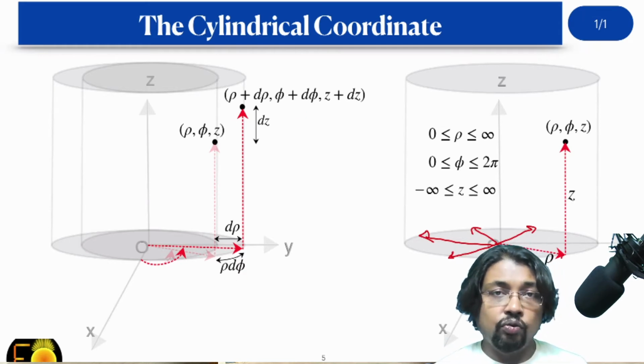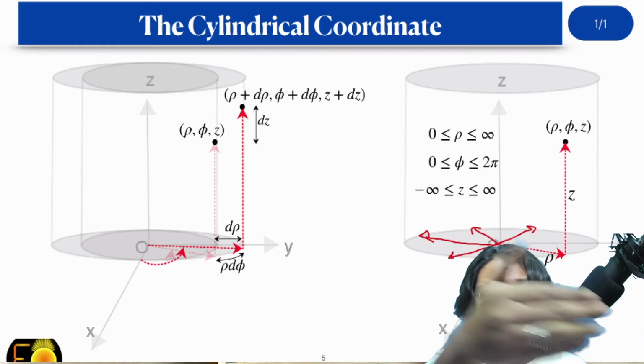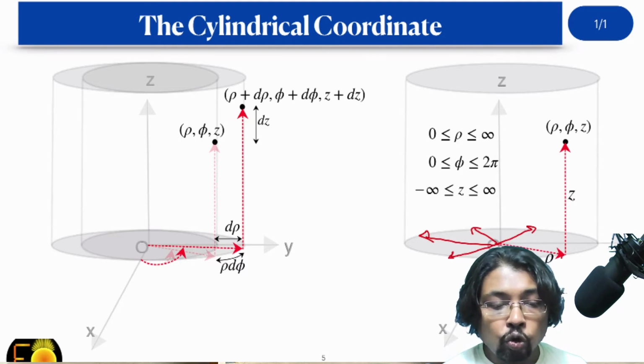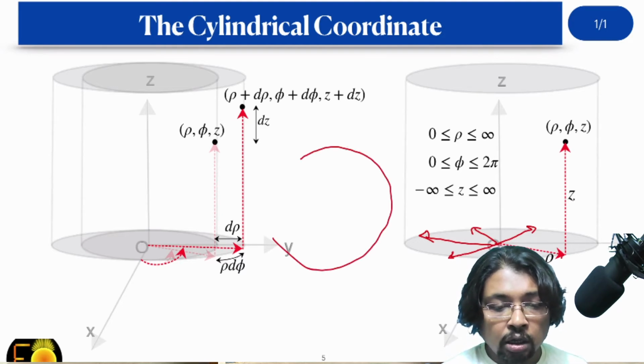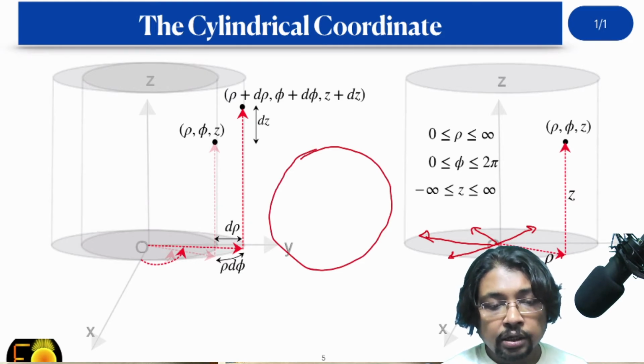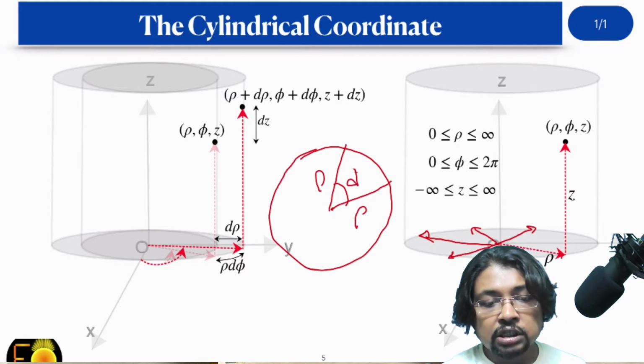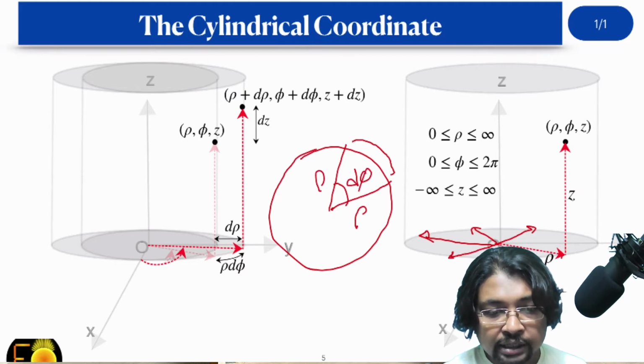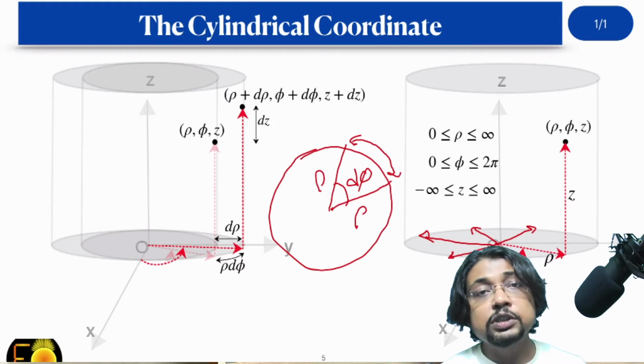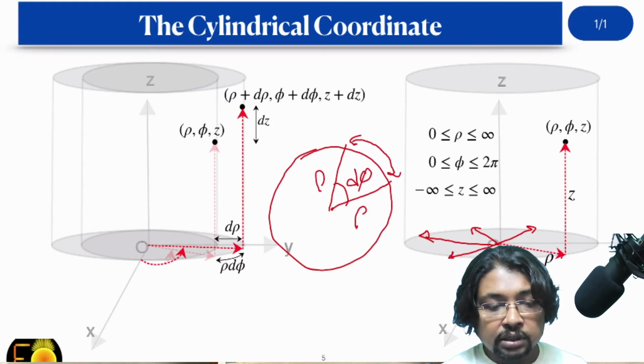That movement is not just d phi, although the coordinate is phi plus d phi, but the physical length that you need to move along the curved path is rho d phi. You should remember that when you are given a circle, with this radius and this also a radius, and the angle these two radial directions make is d phi, then the physical length on the circumference of the circle is rho times d phi.